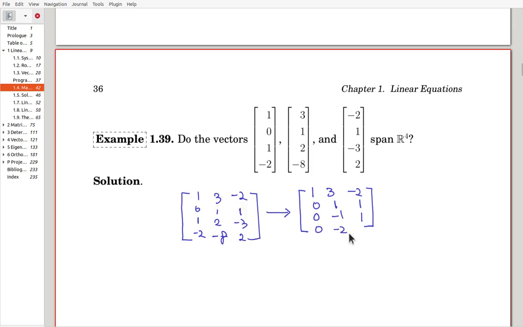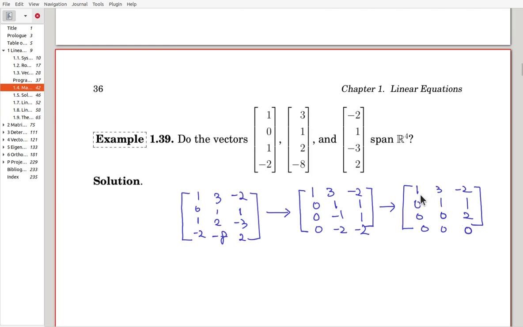From the first row 1, 3, minus 2, there's a pivot, and we have to eliminate below the pivot, so 0, 1, 1, and then adding this row to the third row, we have 0, and addition must be 2, and now adding twice, that must be a 0 row.